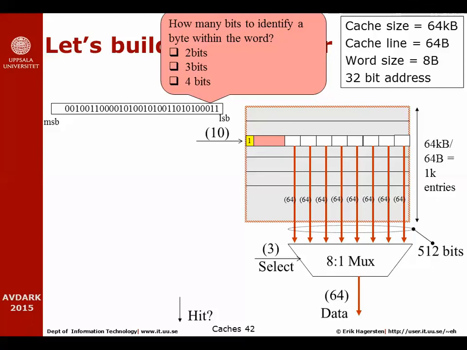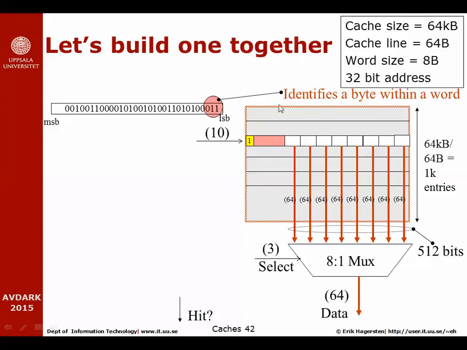How many bits are used to identify a byte within a word? In other words, how many of these bits can we toss over our shoulder? Well, the word size is 8 bytes, so 3 of the bits can be tossed over our shoulder.